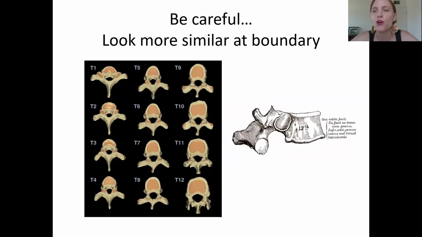Okay, so a quick word of caution. As you get closer to the boundary between the two, they kind of start looking closer and closer to each other. So for example, this is the 12th thoracic vertebrae, and it looks a little bit like a lumbar vertebrae. So what you would want to do is look at multiple different bone features.